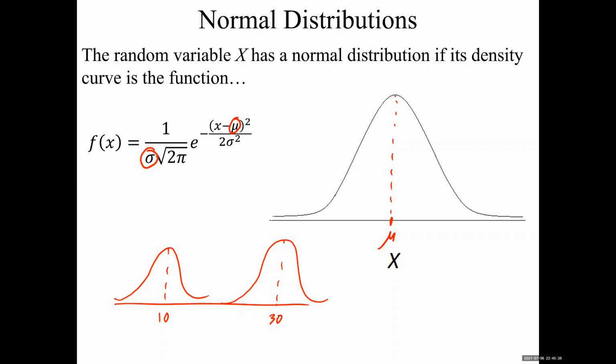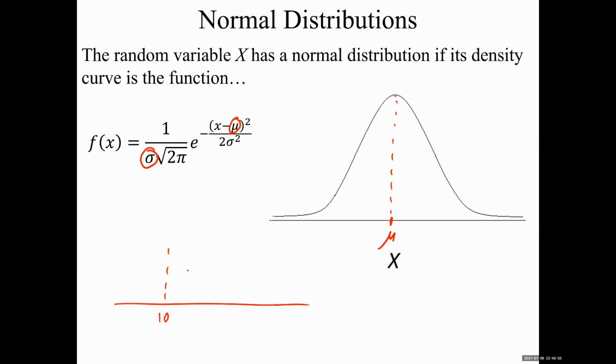Once you tell me where that is, let's say the mean is 10, then the standard deviation tells me, what does standard deviation tell you in general? It tells you how spread out things are, right? That's what standard deviations do, measure how spread out numbers are. For a normal distribution, it tells me how wide the peak is. The bigger the standard deviation, the wider it is; the smaller the standard deviation, the narrower it is.